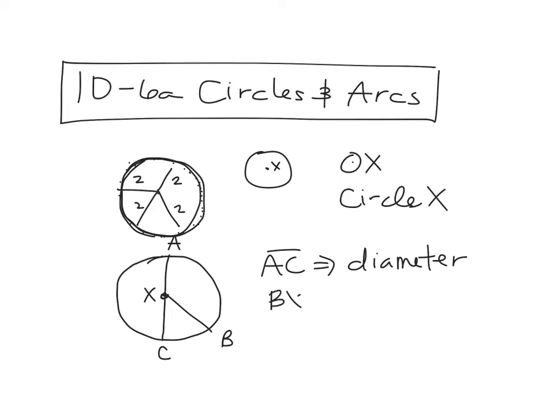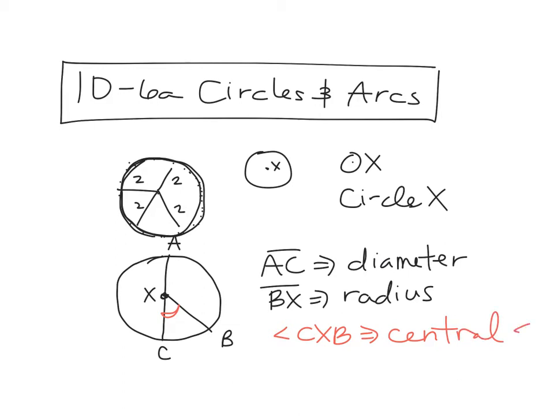BX or XB, you can name them in either order. That would be a radius. And then the angle formed here, for instance, we would call it angle CXB. That's called a central angle. Okay, so that one's going to be in degrees, right? That's a central angle.